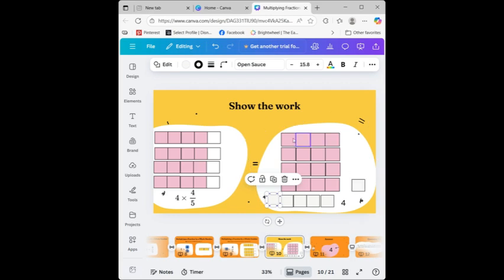And in this, we already did this, so we have 1, 2, 3, 4 groups to determine that the answer is 4.